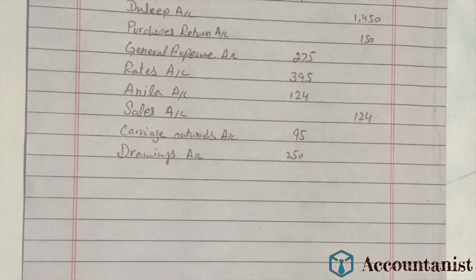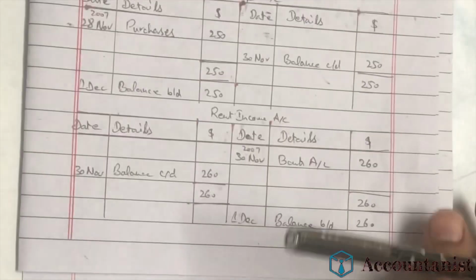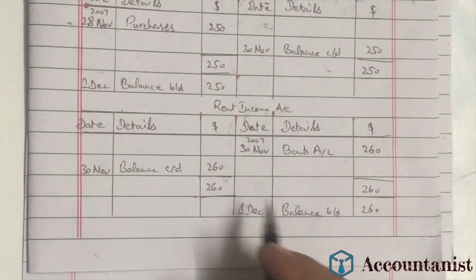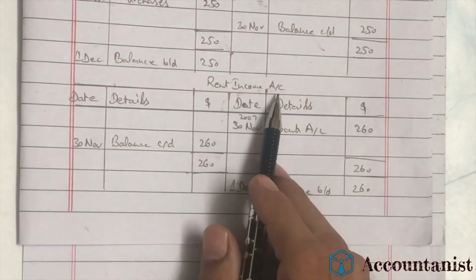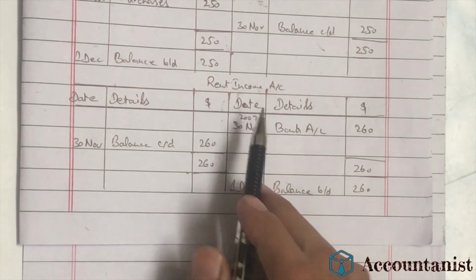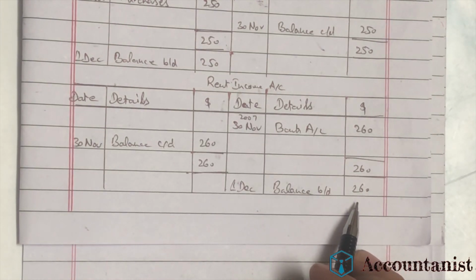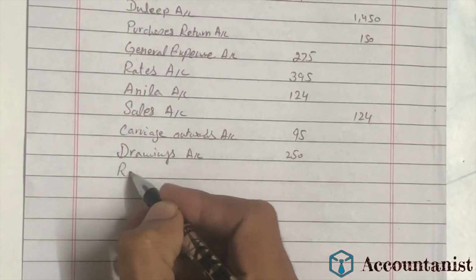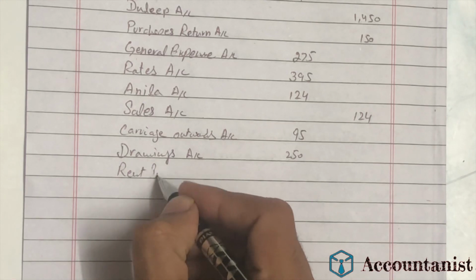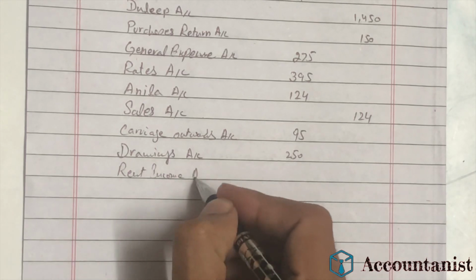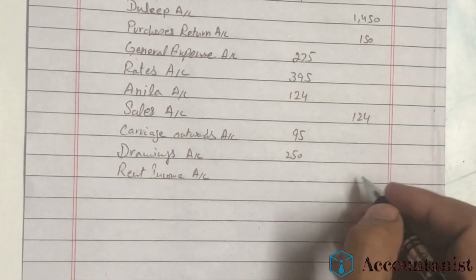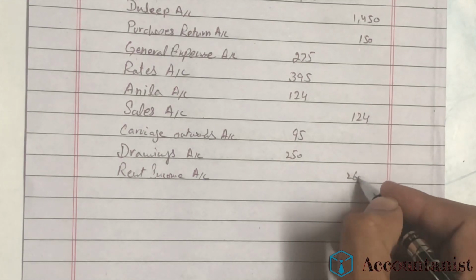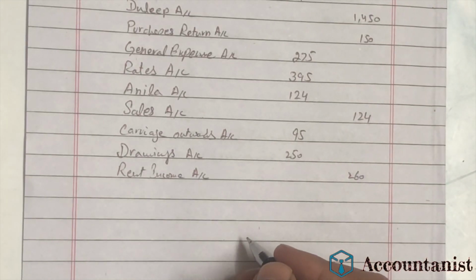Now the next account and the last account that we had is rent income account, because it's an income account, so it comes on a credit side $260. So we'll write down here rent income account, and it has a credit balance of $260.